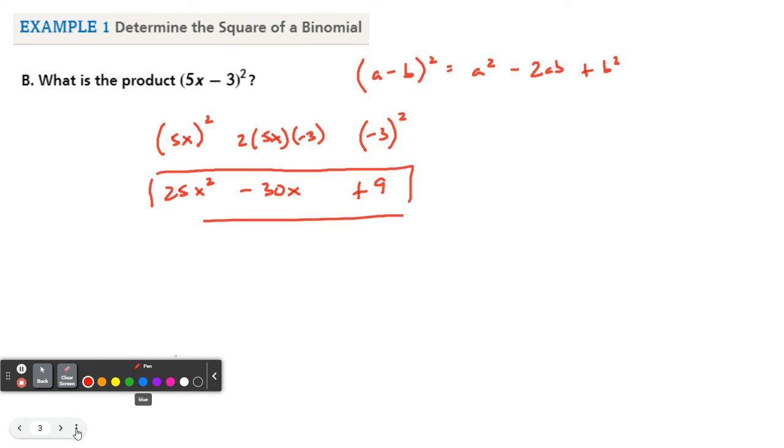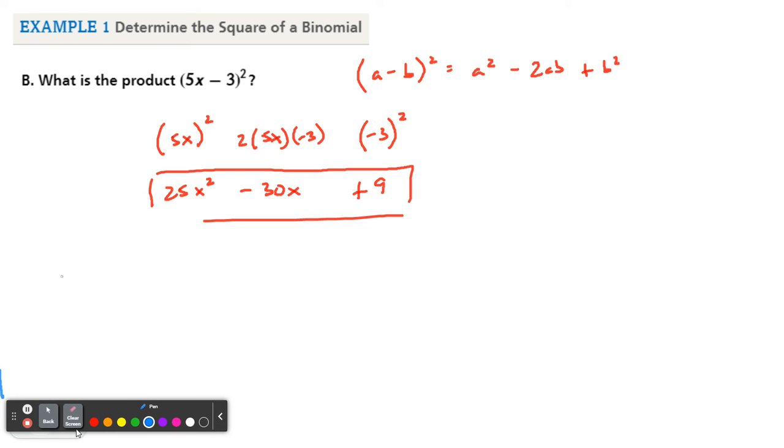Now again, you can just use our normal distribution rule, right? And you can do 5x minus 3 times 5x minus 3. You can do 5x to both the 5x and the minus 3. That gets you 25x squared. 5x times 5x is 25x squared. And 5x times negative 3 is negative 15x.